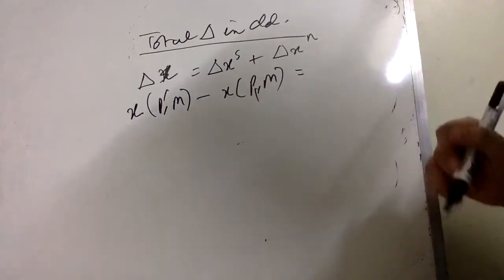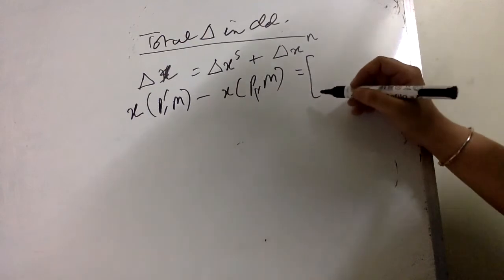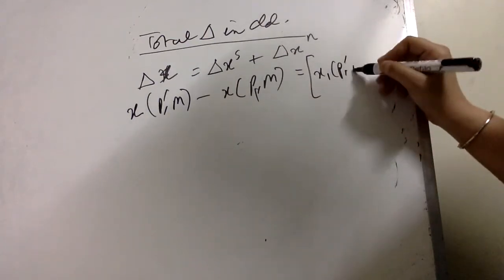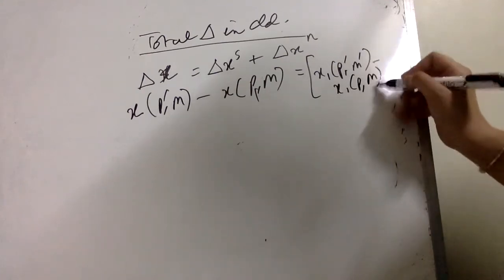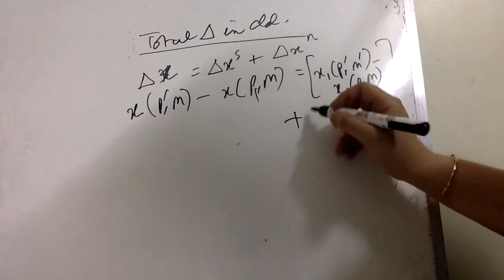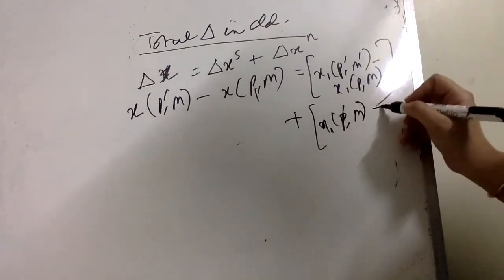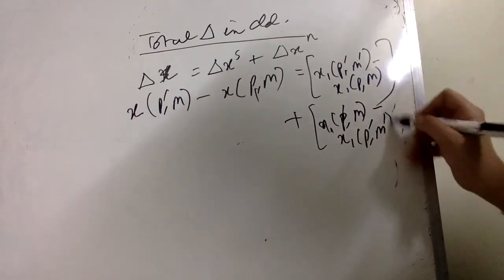This is equal to substitution effect, which is how much? So if you recall the graph, this is X1(P1', M') minus X1(P1, M) plus X1(P1', M) minus X1(P1', M').